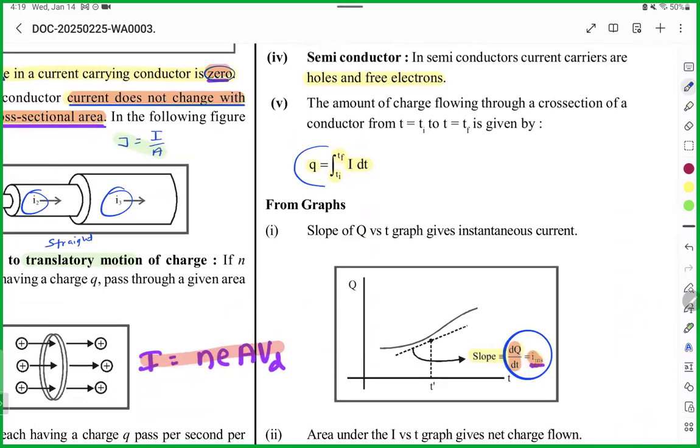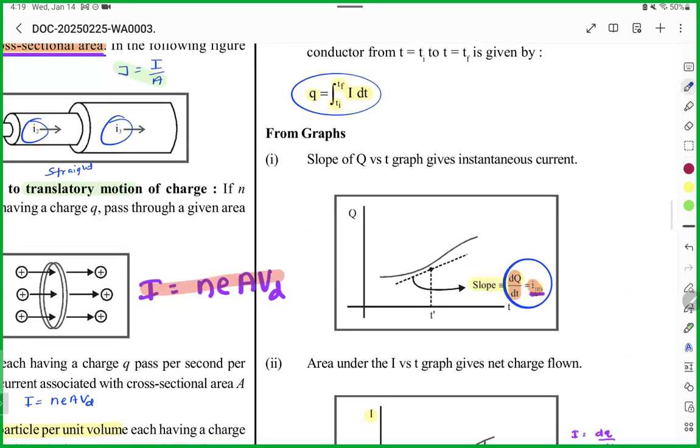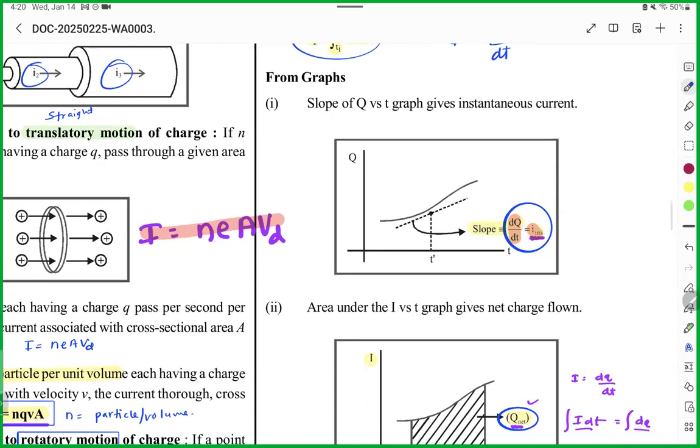Sometimes you have to do integration if you are calculating total charge. But more importantly, in case of current, sometimes you need differentiation also, because it could be dq by dt, with respect to time.